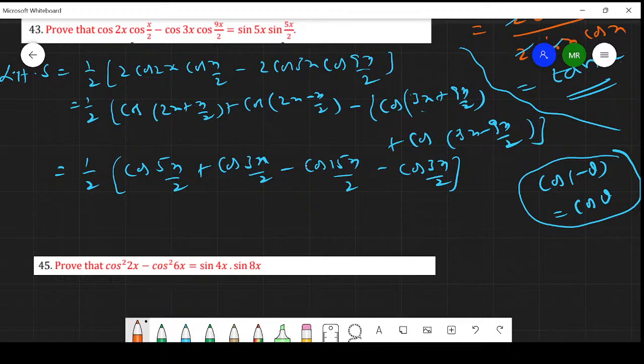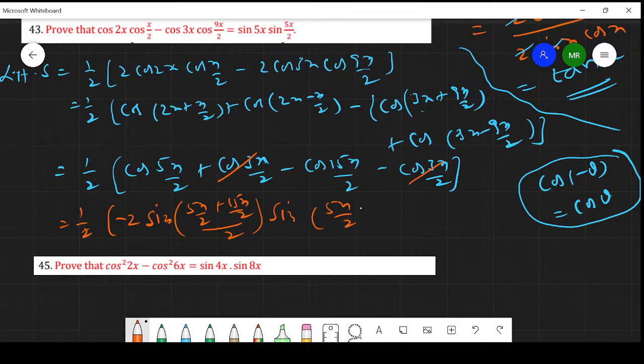Now if you observe here, I can eliminate these two. Now 1/2, this is cos C minus cos D. Apply cos C minus cos D equals minus 2 sin of C plus D by 2 into sin of C minus D by 2.